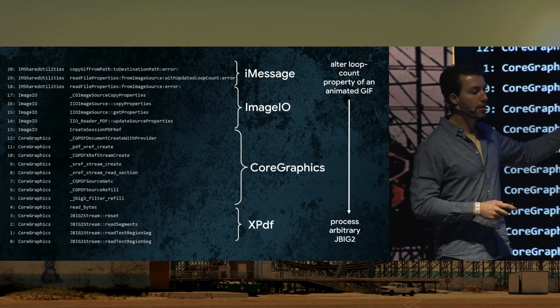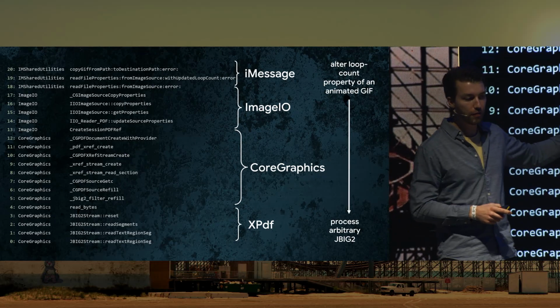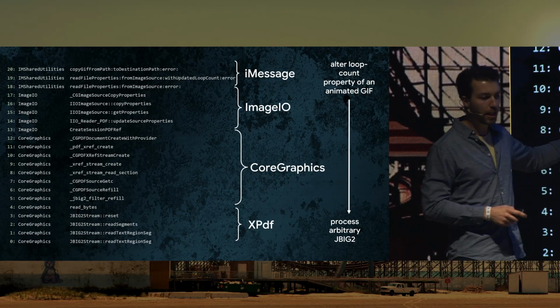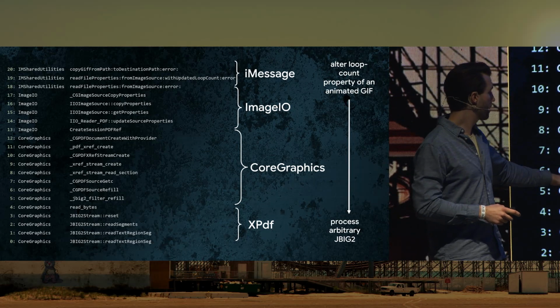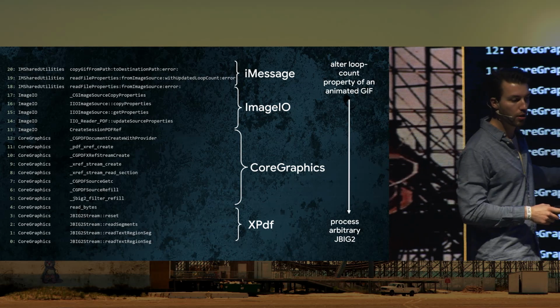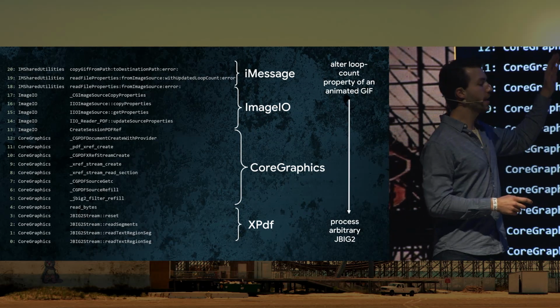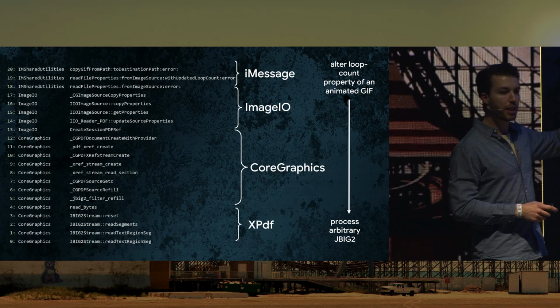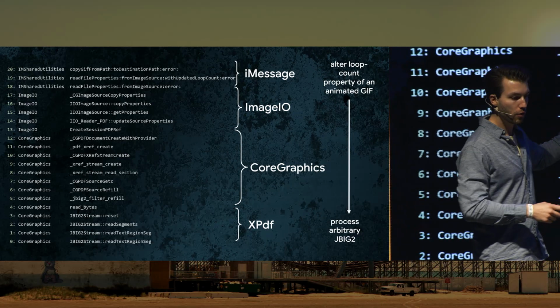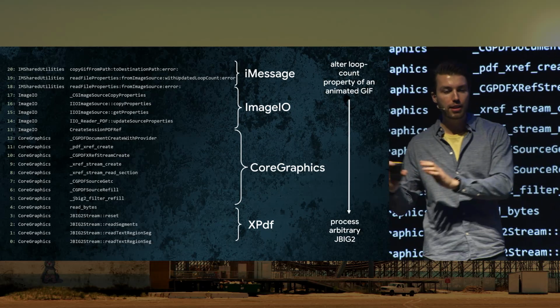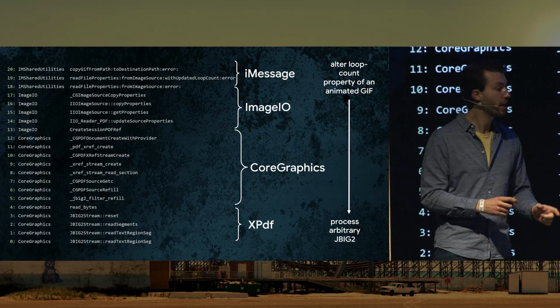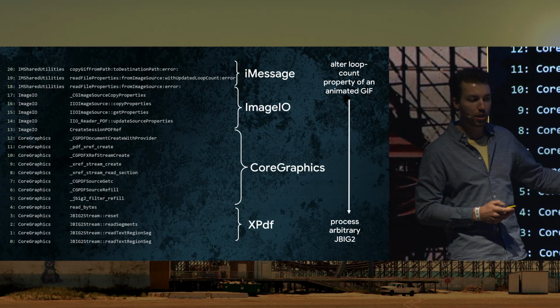And you see it's starting to do PDF stuff. Why is it doing PDF stuff? And then it's going into something called JBig2, which is a compression format used in PDF. So what you see here is that this seemingly harmless call of just take this GIF, make the loop count infinite, ended up doing PDF parsing.